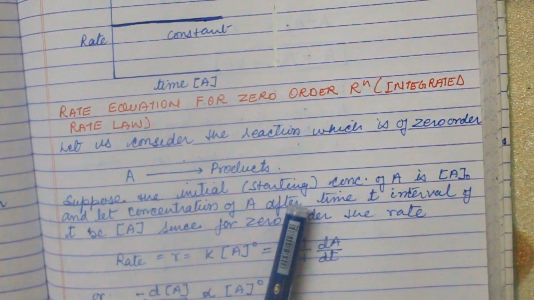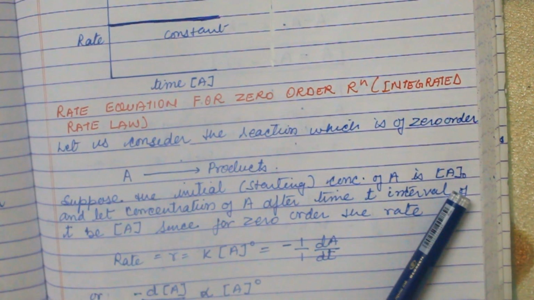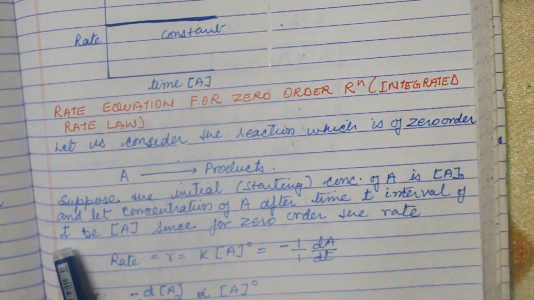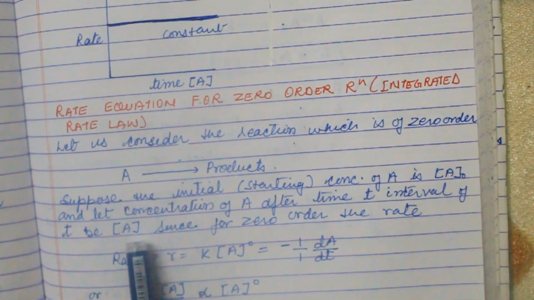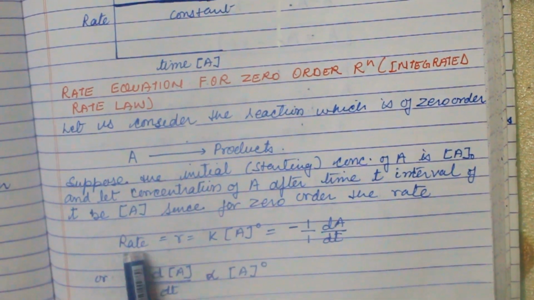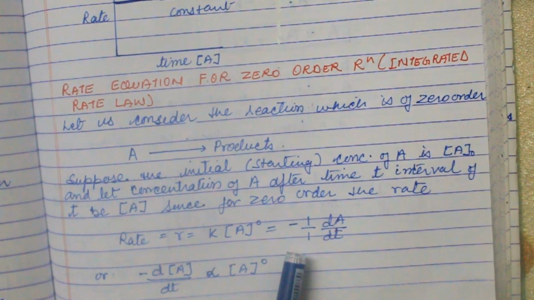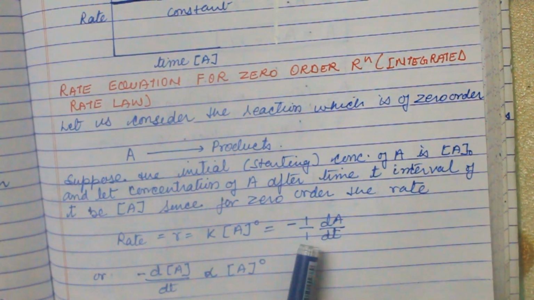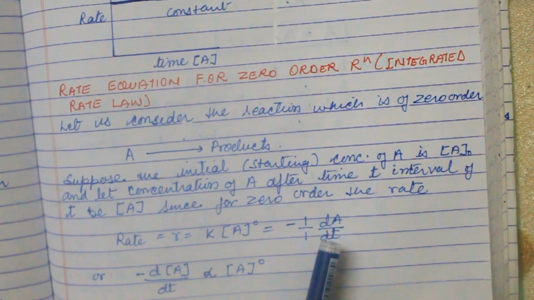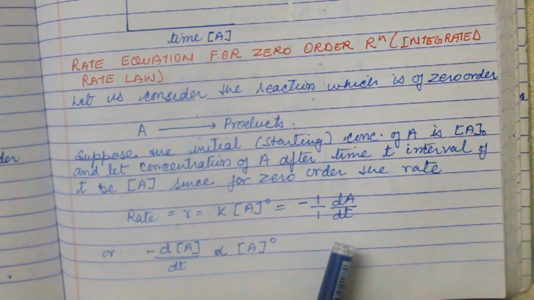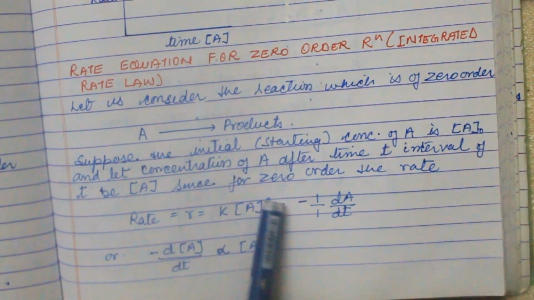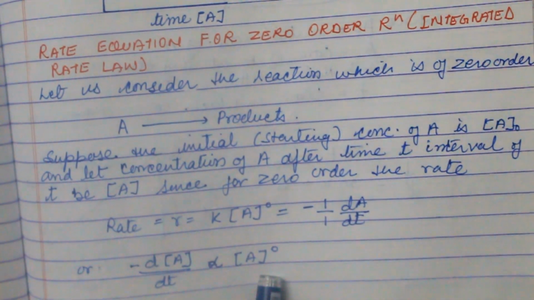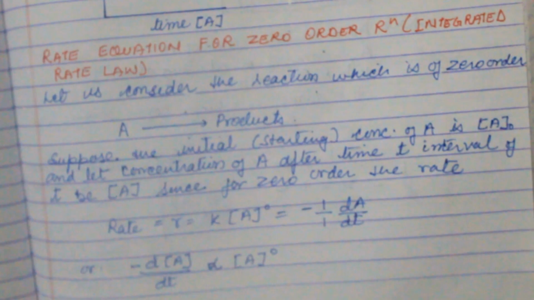Suppose the initial, that is starting, concentration of A is A naught, and let the concentration of A after time t be A. Since it is zero order, the rate R = k[A]^0, which in differential form is minus dA upon dt, so minus dA upon dt is proportional to A to the power 0.